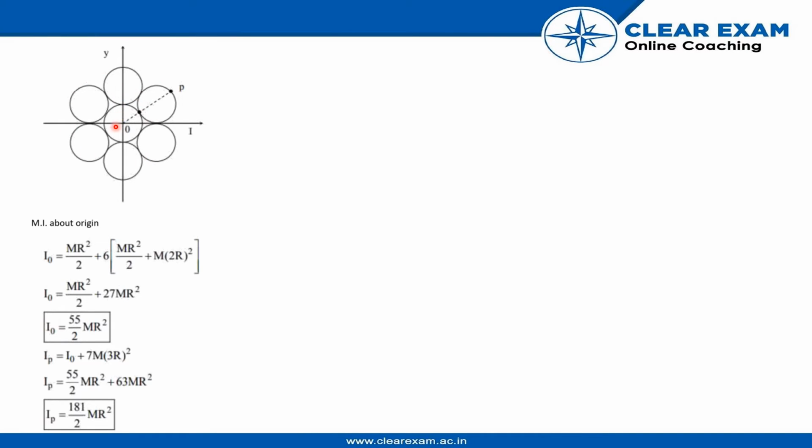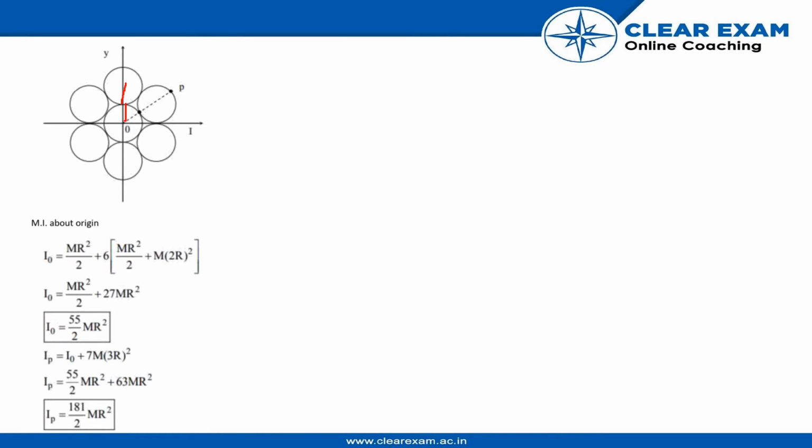So the formula for finding the moment of inertia of an object away from the center is the moment of inertia around the center of mass, that would be mr square by 2, plus mass into the square of the distance from the center. The radius is r, right?